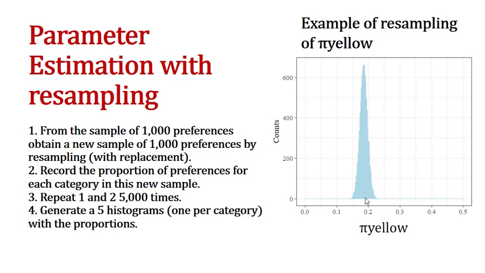So here is the example of pie yellow. The values are similar to the previous approaches, not exactly the same, but as you can see, values close to 0.2 are more likely.